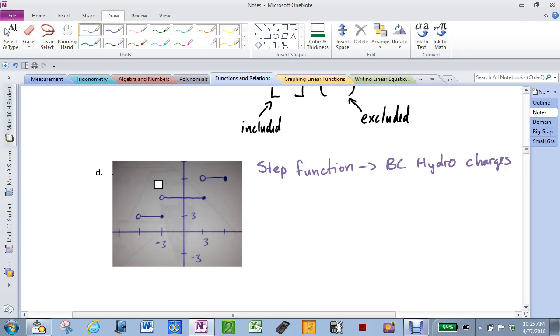Everybody cool with this? Alright, now it's tricky. It's very, very tricky. Do the domain first. Where's the only place you have to look? X-axis. I start here, and I go all the way along. Input, input, input, input, input.